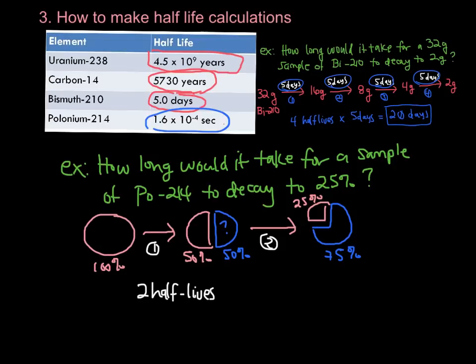So it took 2 half-lives for it to go from 100 to 25%, and we know that each half-life is 1.6 times 10 to the negative 4 seconds. So we can either add 1.6 times 10 to the negative 4 to another 1.6 times 10 to the negative 4, or you can just take 1.6 times 10 to the negative 4 seconds and multiply by 2, and you come up with 3.2 times 10 to the negative 4 seconds.